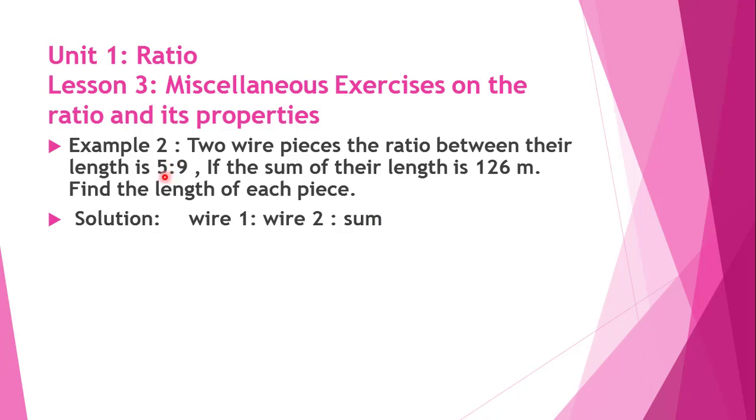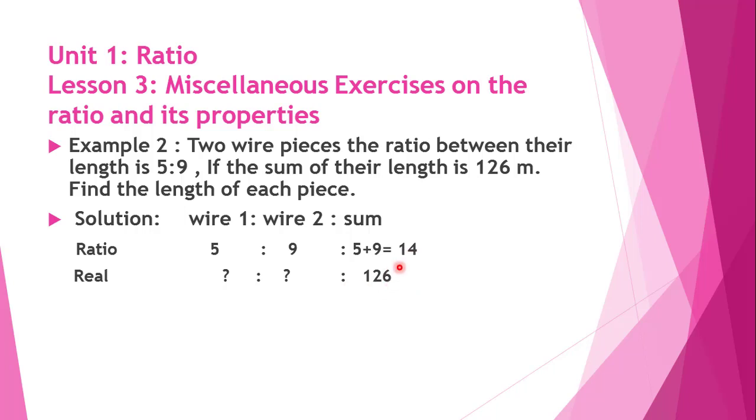The ratio at first is 5 to 9, and for the summation of ratios, let's add them. 5 plus 9 equals 14. So this is the summation of ratio. The real information is that the real summation is 126. By the same way, the first step is to calculate the value of each part, equal to real over ratio.